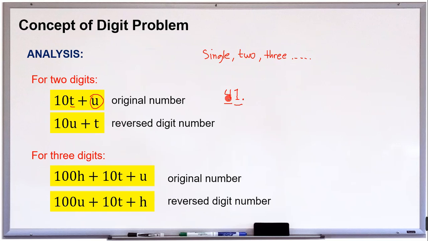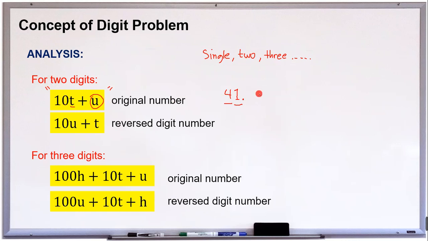Now if we are going to express 41 in terms of the variables U and T, we use the expression 10T plus U. The reason why we multiply 10 by T is that the place value of our tens digit is 10.